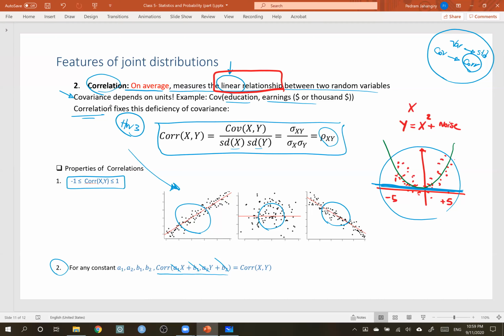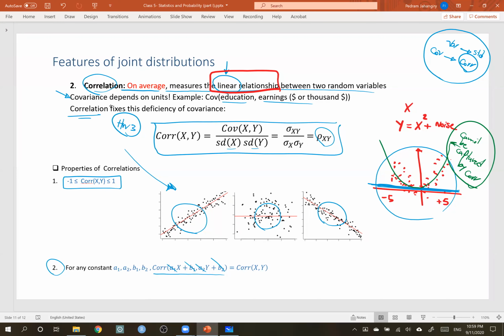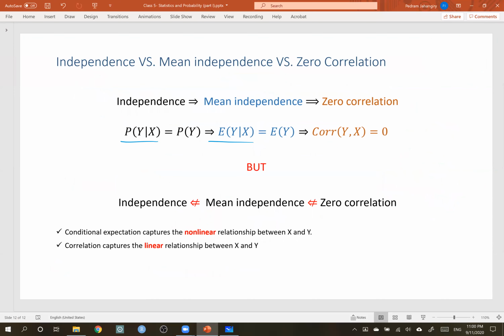So this cannot be captured by correlation. Pay attention that the correlation captures the linear relationship between random variables, and that's what we do in econometrics.